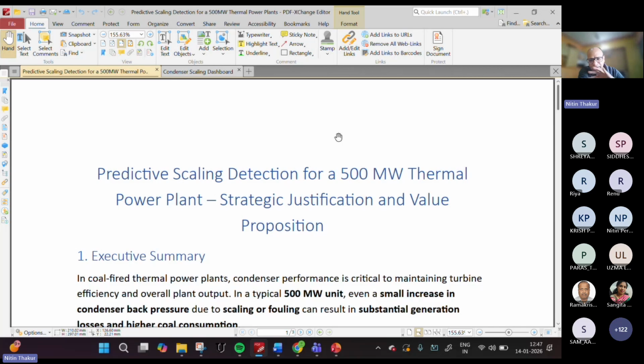But they restrict themselves only to the scaling part. They will not monitor the total electricity efficiency, like the conversion of fuel to electricity. They will not monitor that entire part. But it is an important one.